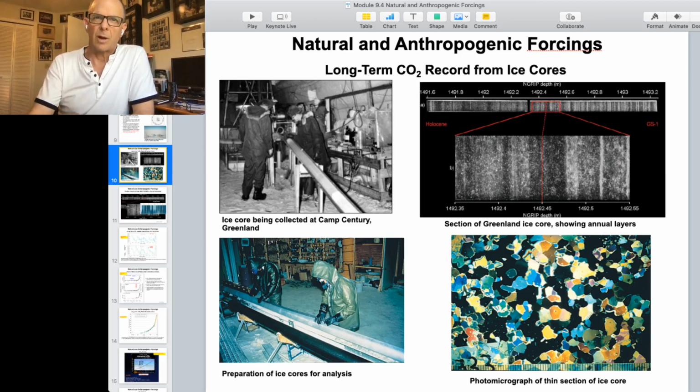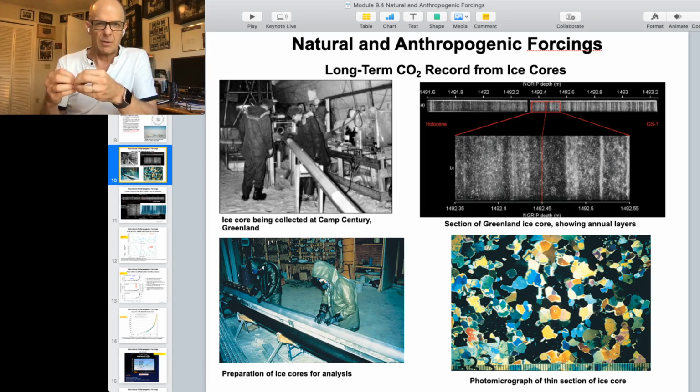And when we do that, we're able to measure the abundance of different isotopes of the molecules in the air. The book explains this in some detail, but you'll remember isotopes are the same elements, but different weights, different numbers of neutrons.